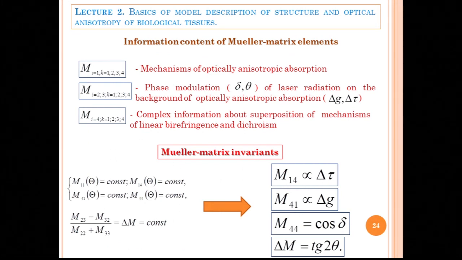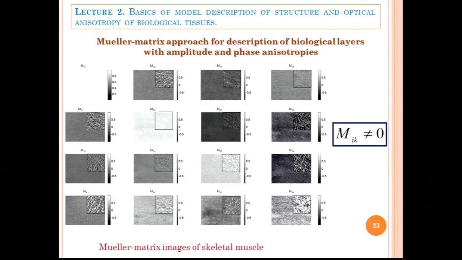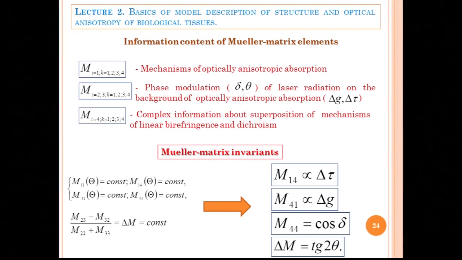The second and the third lines of this Mueller matrix are connected with the phase modulation of laser radiation on the background of optical anisotropic absorption. So the mechanisms are presented simultaneously in these elements. The last line is complex information about the superposition of mechanisms of linear birefringence and dichroisms.